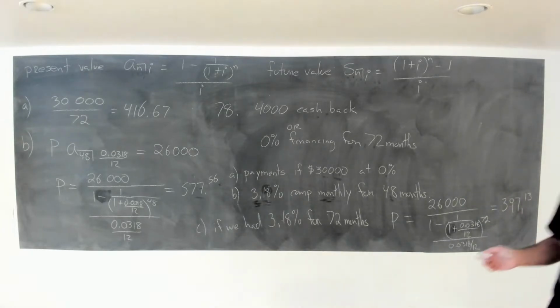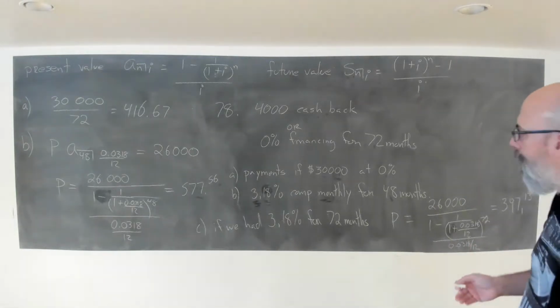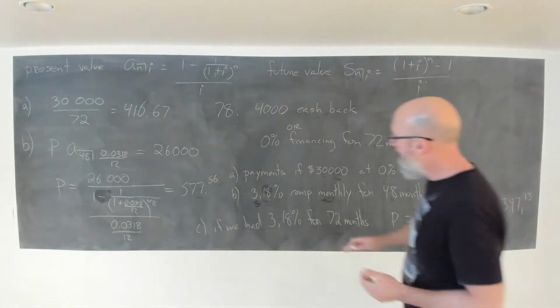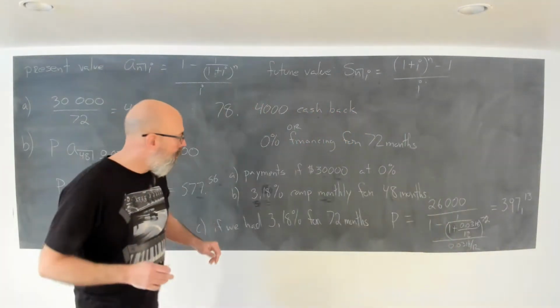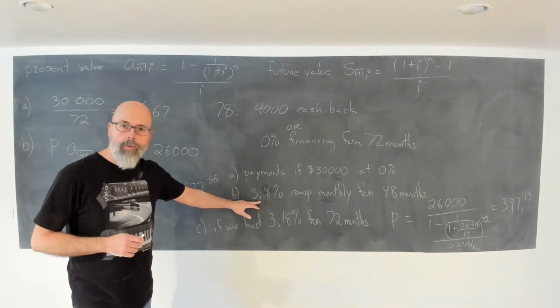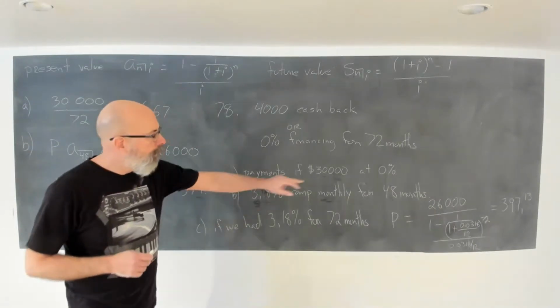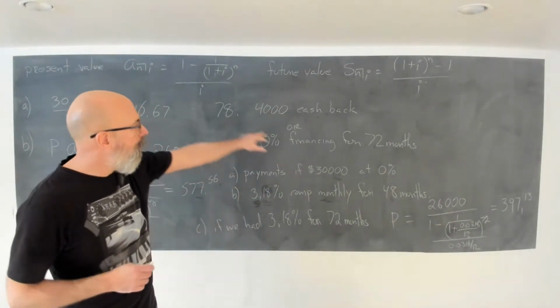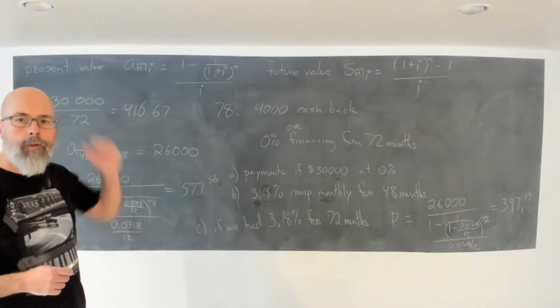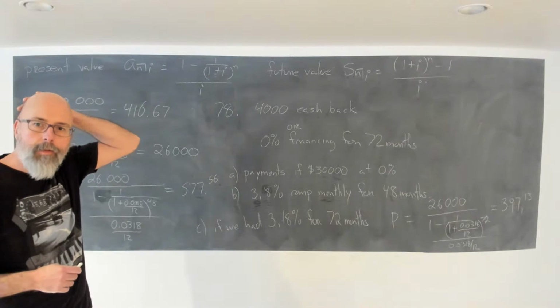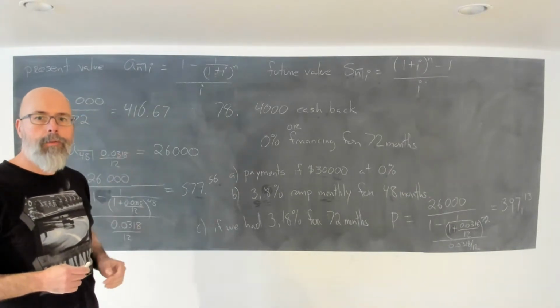And you see what happens, right? If you're able to get a fairly low interest rate loan, it's better to take the $4,000 cash back than the 0% annual rate.